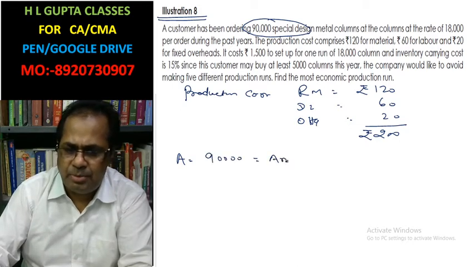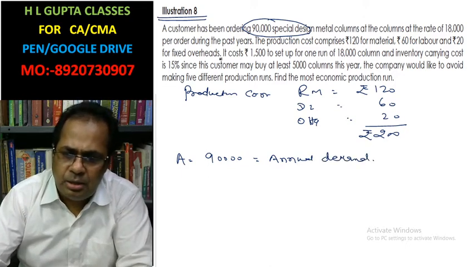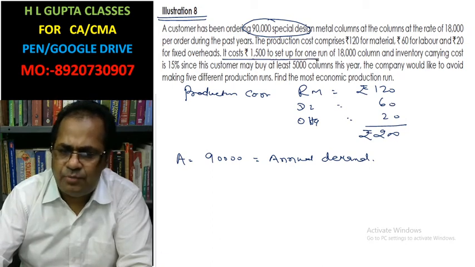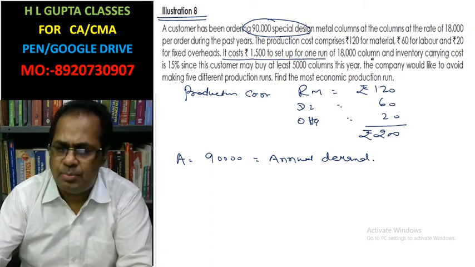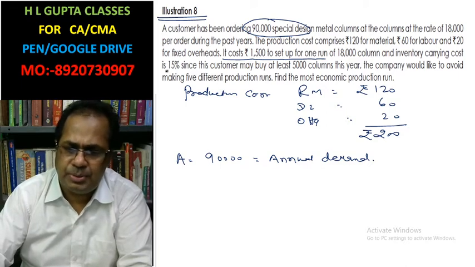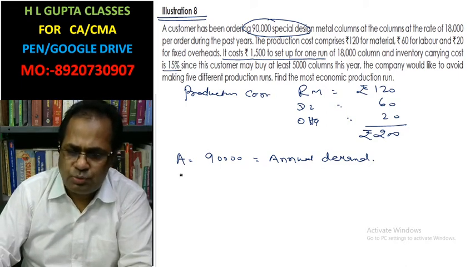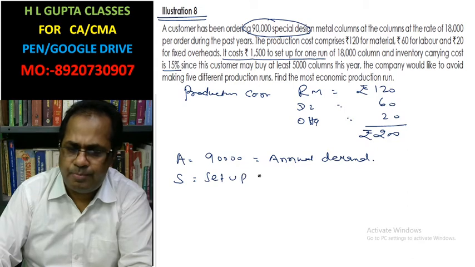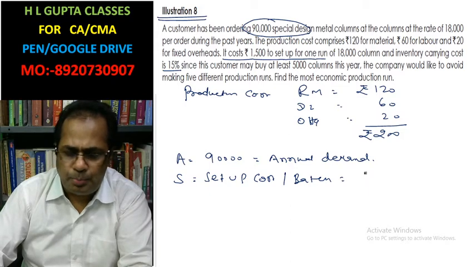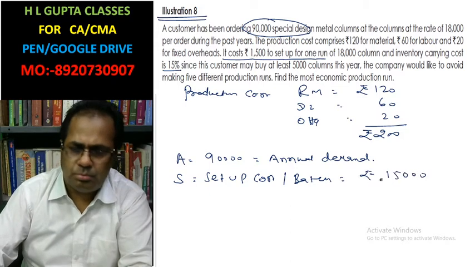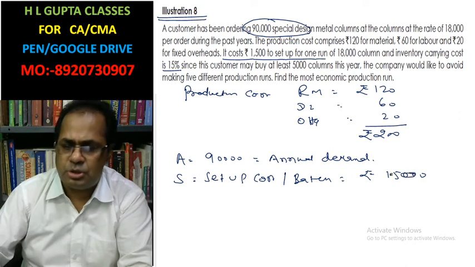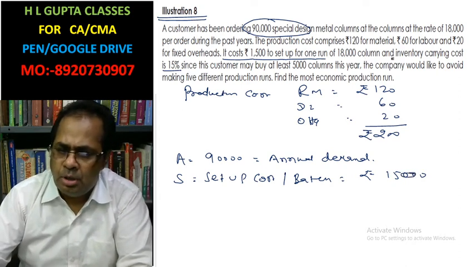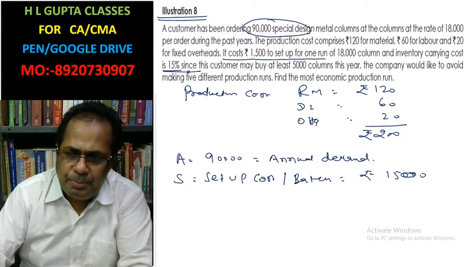This is your annual demand, and it costs rupees 1500 setup to run 18,000 columns, and inventory carrying cost is 15%. Setup cost per batch is given 1500.